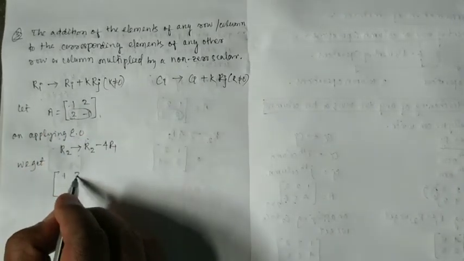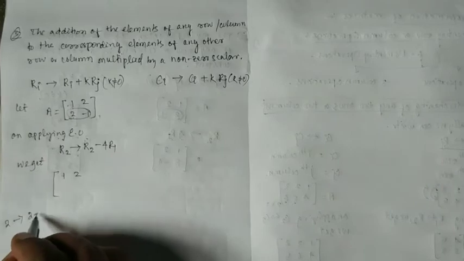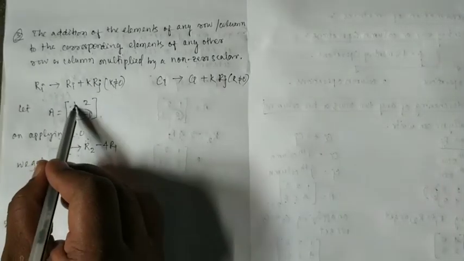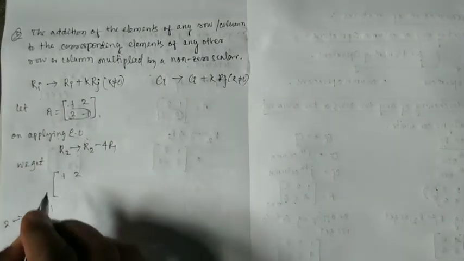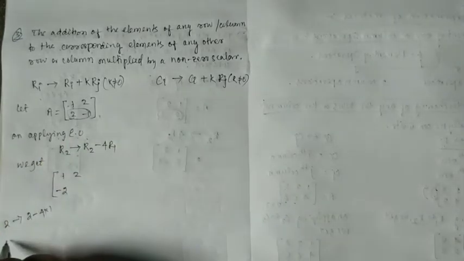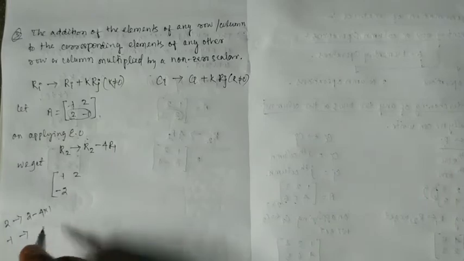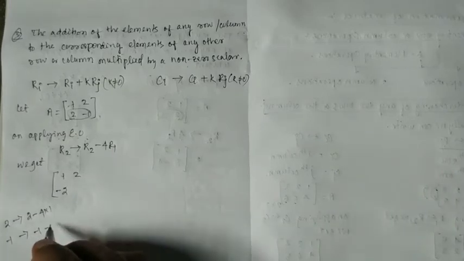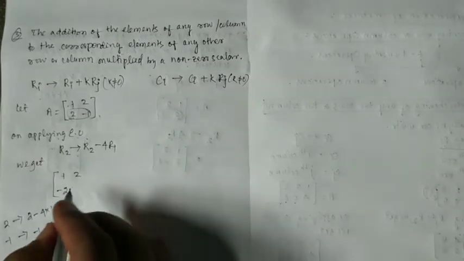Here R2 is replaced, so R1 remains the same, and 2 is replaced by 2 minus 4 times 1, so here we get minus 2. Similarly, minus 1 is replaced by minus 1 minus 4 times 2, which is minus 9.